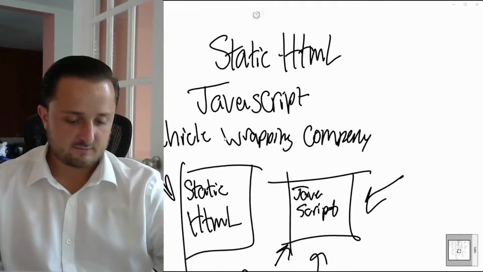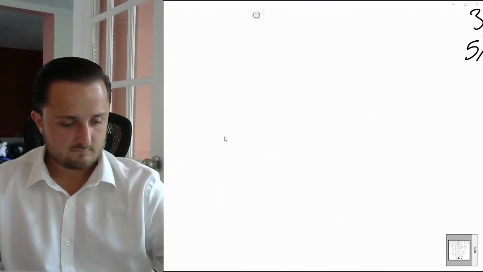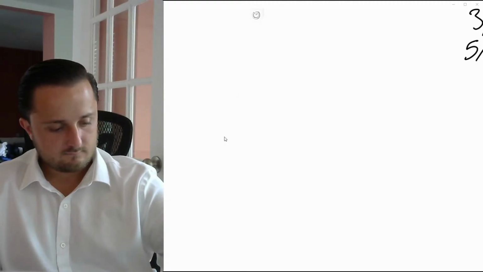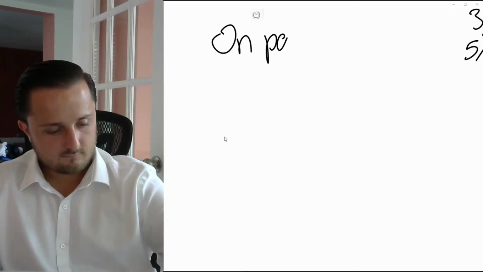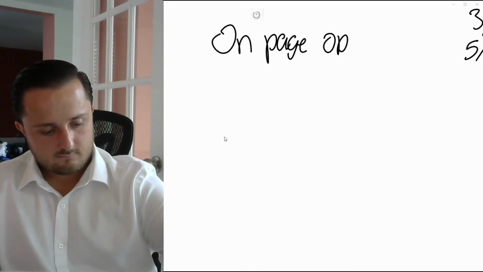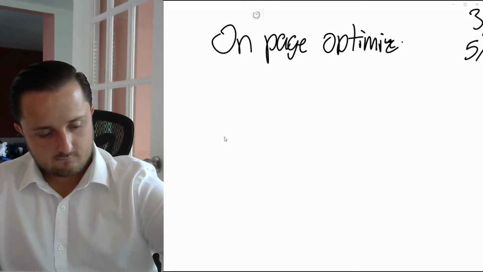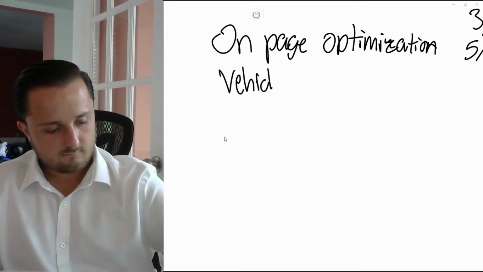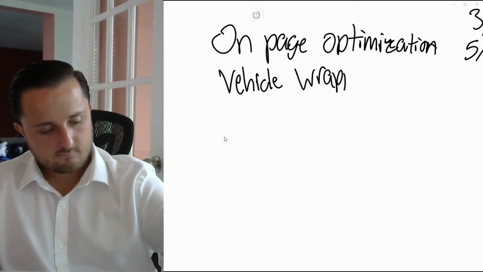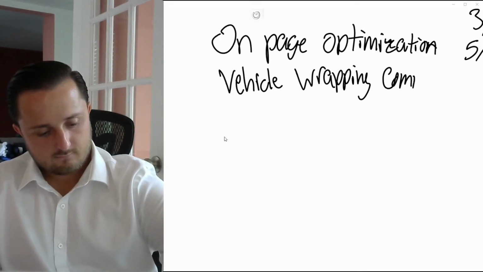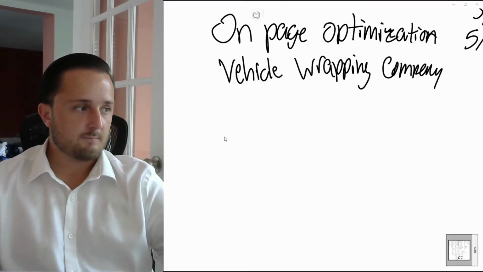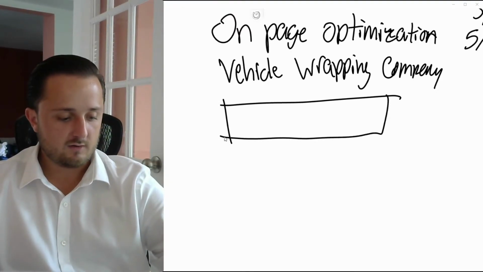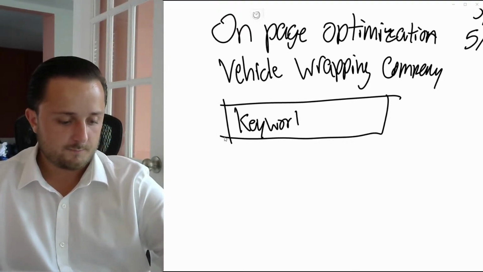So now we're going to talk about on-page optimization. For on-page optimization for a vehicle wrapping company, what we first need to do is search the keyword we want to rank for in Google.